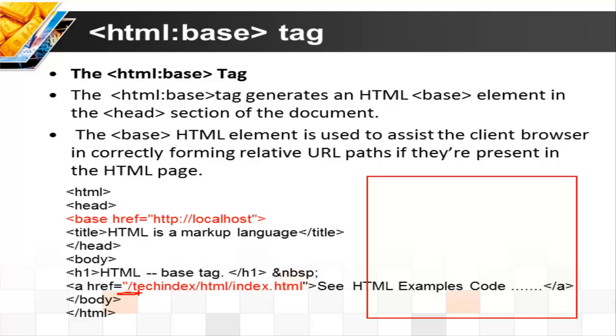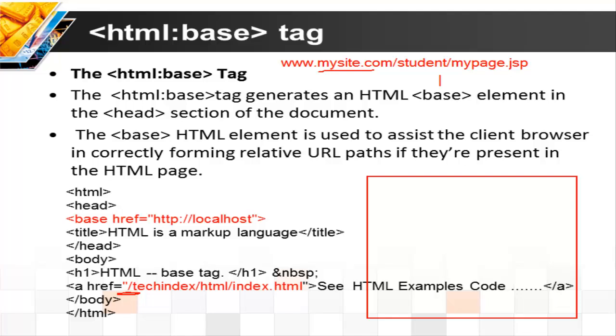If you create a reference like slash and index, it is not the absolute location. An absolute location is www.mysite.com slash student slash my page dot JSP. This is the full absolute reference.